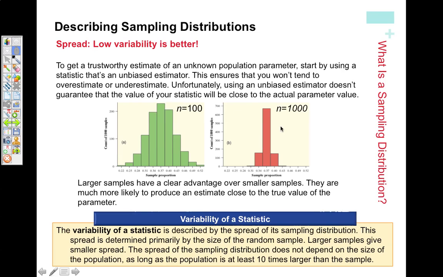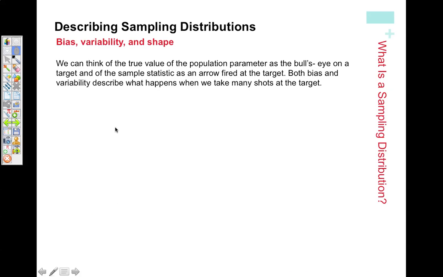Again, more samples leads to less variability. The spread of the sampling distribution does not depend on the population. And there's a caveat on that. As long as the population is at least 10 times larger than the sample. So we're dealing with that 1/10 of the population. We saw that in the previous chapter.